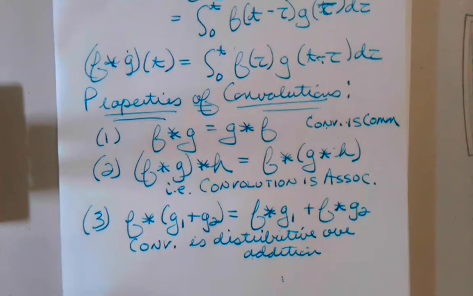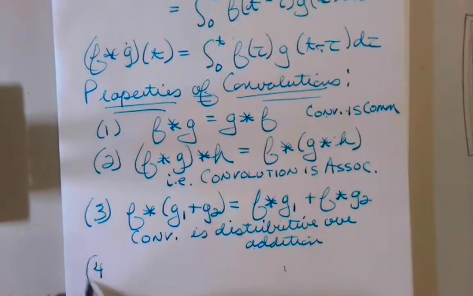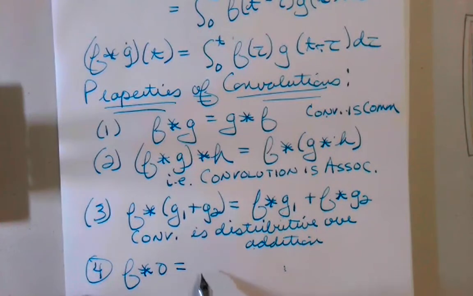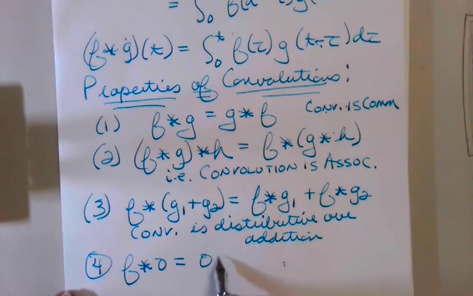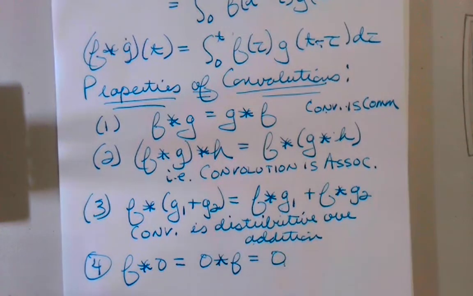Okay, and then finally, this one's easy to see. If you take f and you convolve it with 0, that's the same as 0 convolved with f, which is 0. Okay, so if you convolve something with 0, you get the 0 function.